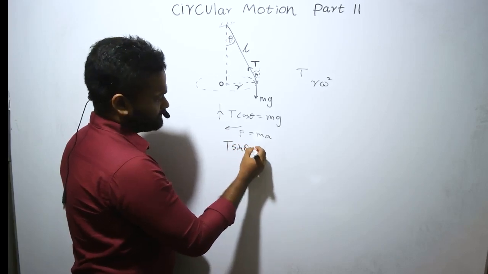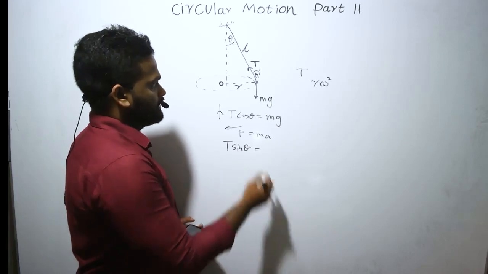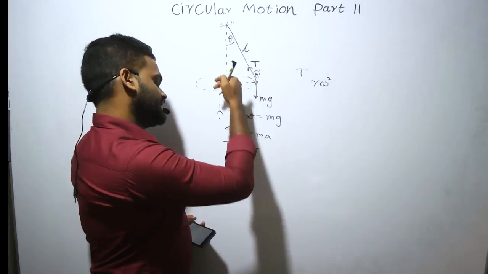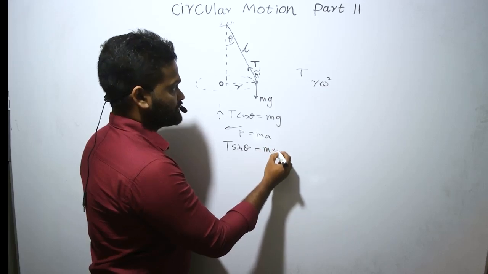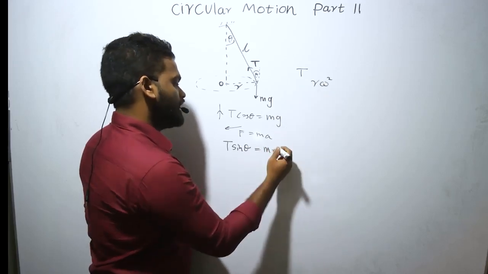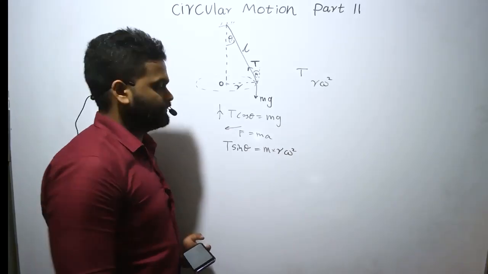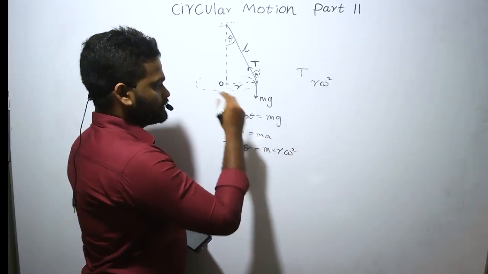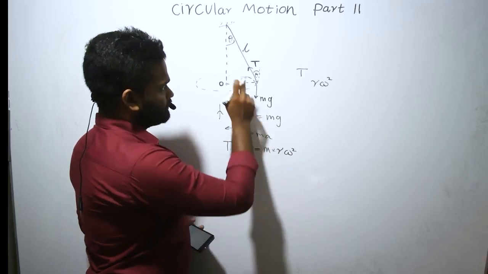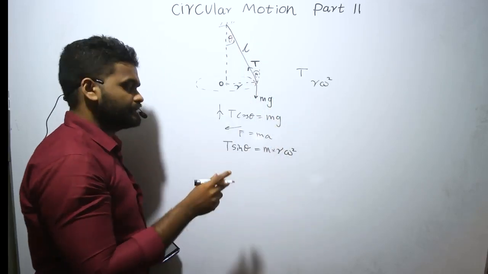T sin theta is the only horizontal force, and it's the unbalanced force towards the center. It is equal to mass times acceleration. For the acceleration, I'm using r omega squared. For this r, if you want, we have to write that in terms of L. We'll do that later, right?